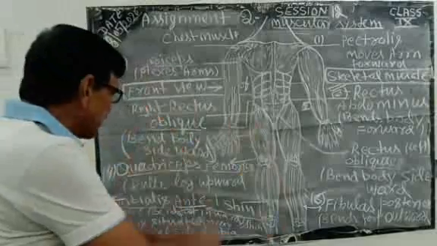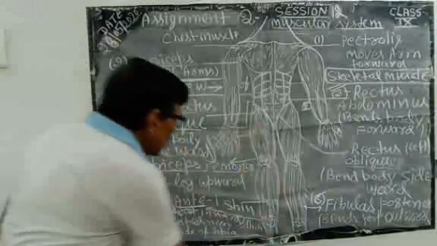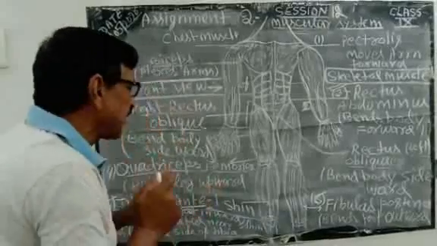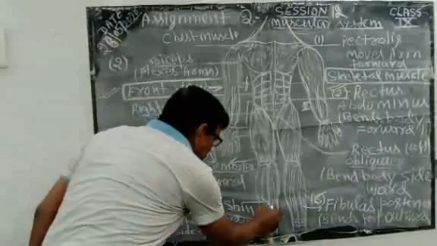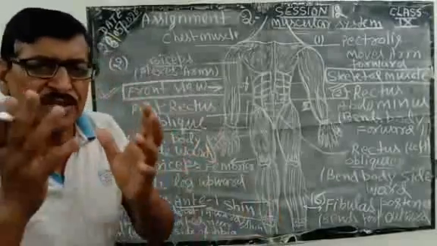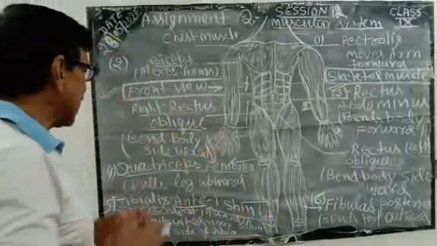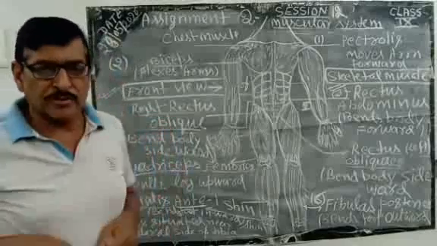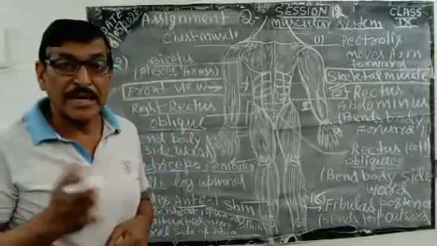It is situated near the shin. This one is the shin. So we can say about it, it is situated near the shin on the lateral side of the tibia. It helps to bend the foot inward.